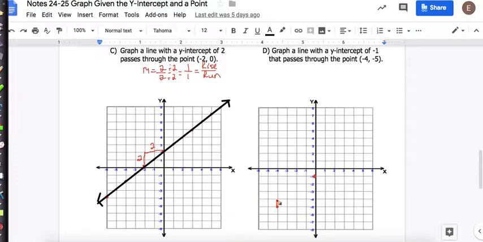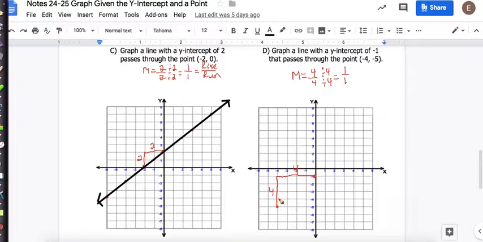So I'm going to go up and over, rise over run. So we're going to go up 1, 2, 3, 4, and over 1, 2, 3, 4. Now that means my slope is 4 over 4. I know that that can be simplified by dividing top and bottom by 4 to give me 1 over 1.